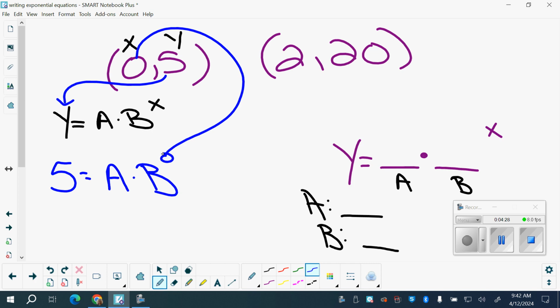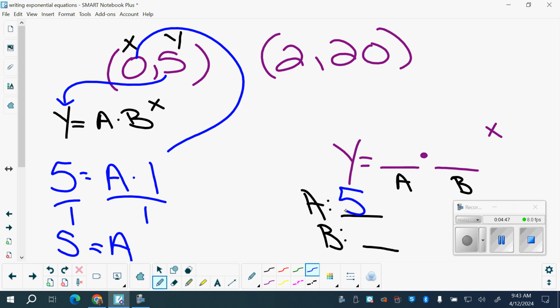I had people tell me it was b. It's 1. We love that. That makes this just this. So if I want to get A by itself, I divide by 1 and divide by 1. A equals 5. Guess what? We're halfway there. Yay!